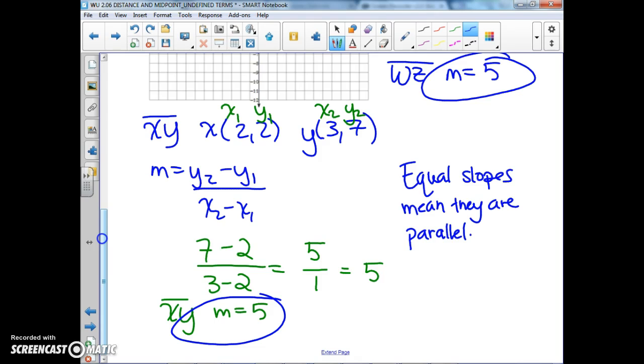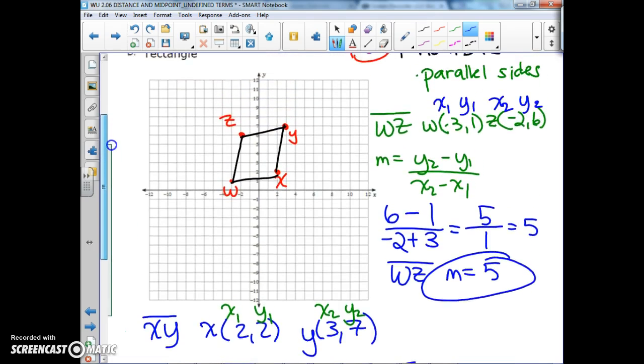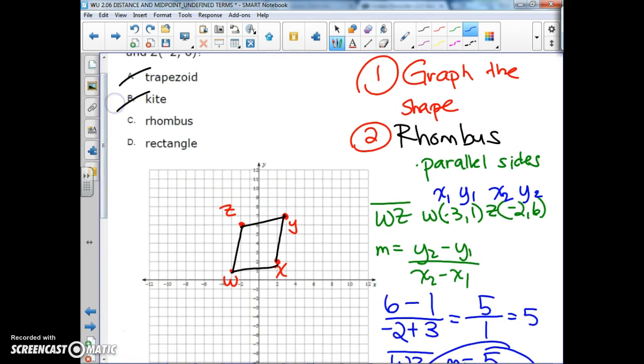Alright, so that makes it a rhombus. Alright, so if you guys have any questions about this example, then post it below the video. I'm going to go on to number 12.